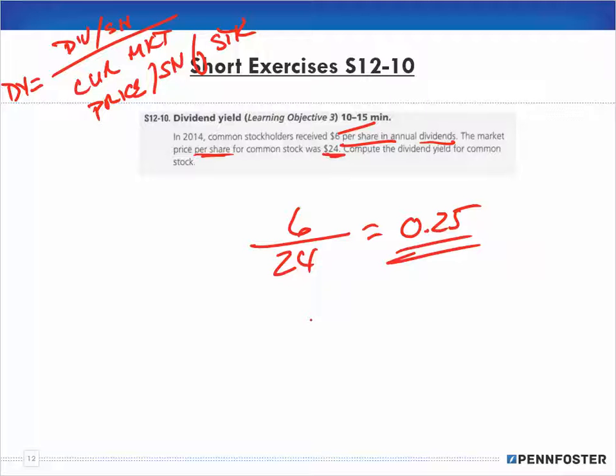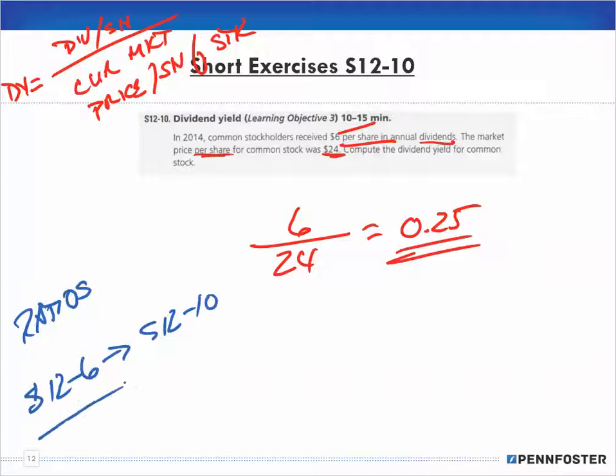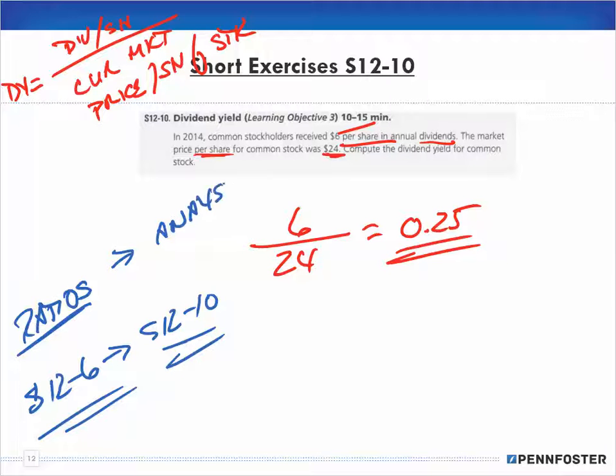Just realize that all of these ratios that we've gone over from S12.6 through S12.10 are in support of the analysis that you do on a business.